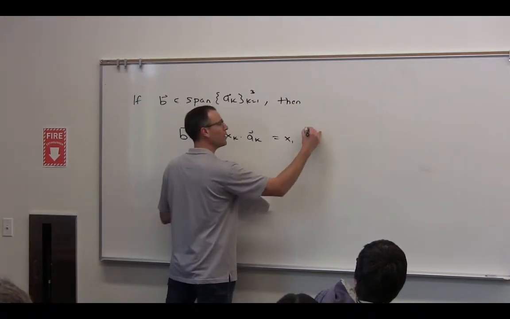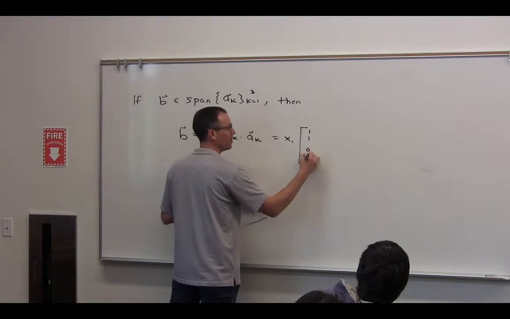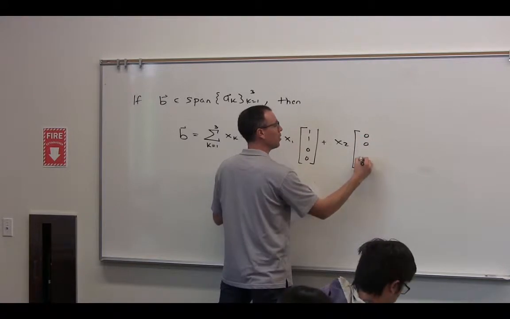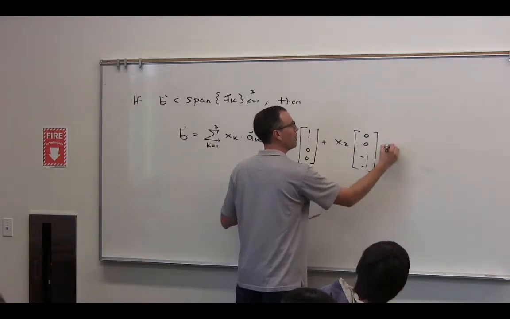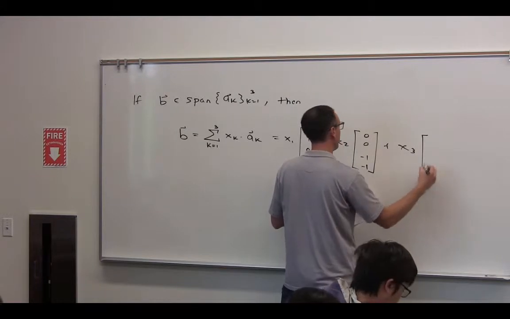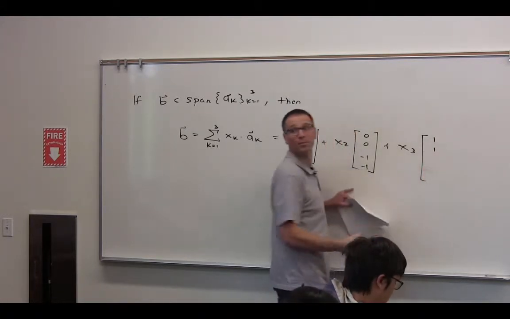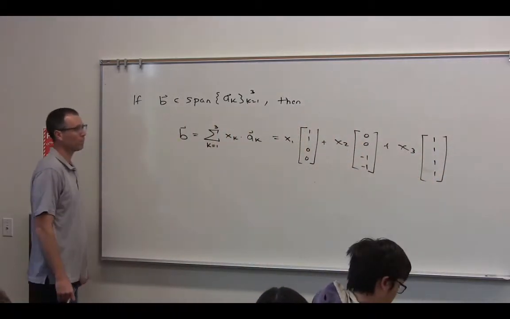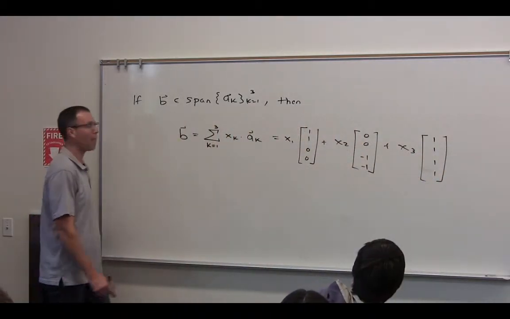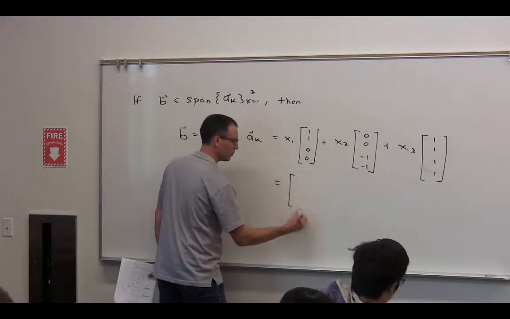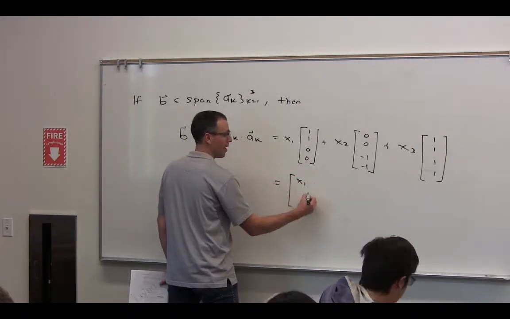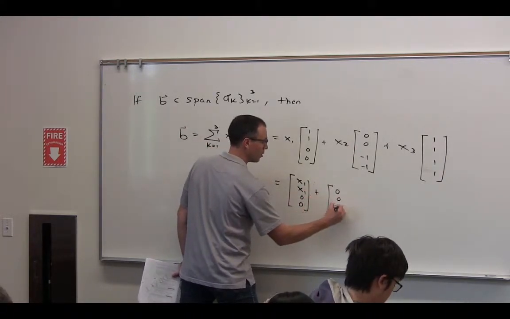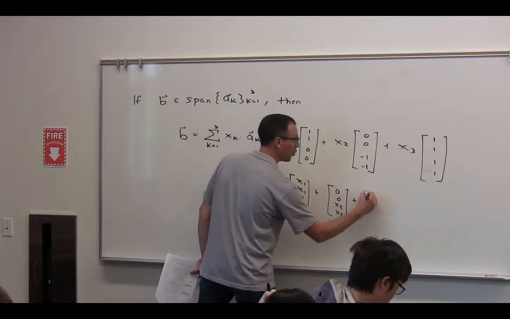So this is now x1 times (1, 1, 0, 0) plus x2 times (0, 0, -1, -1) plus x3 times (1, 1, 1, 1). And what would that look like? (x1, x1, 0, 0) plus (0, 0, x2, x2) plus what?